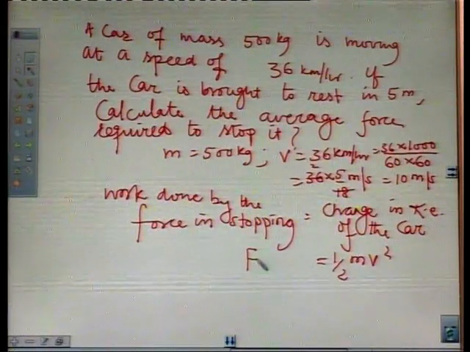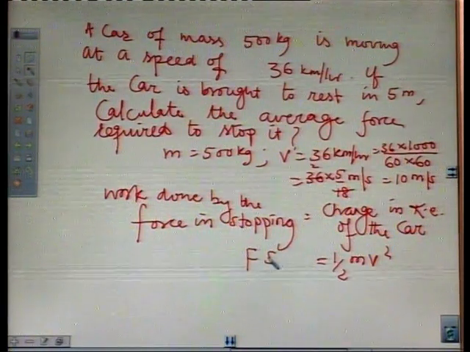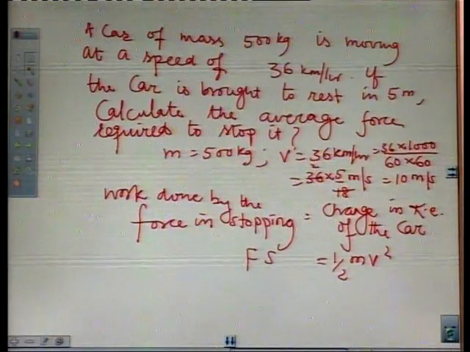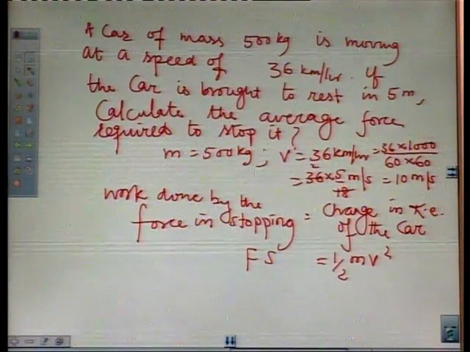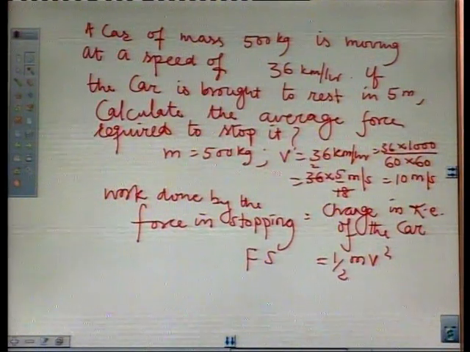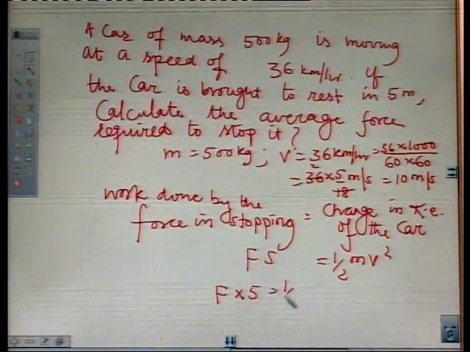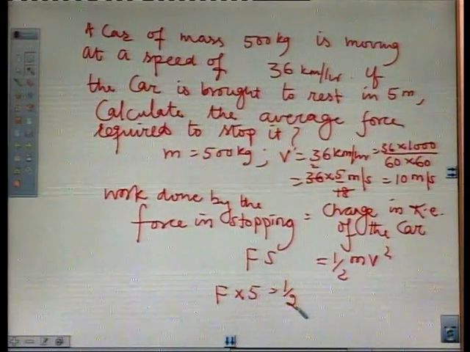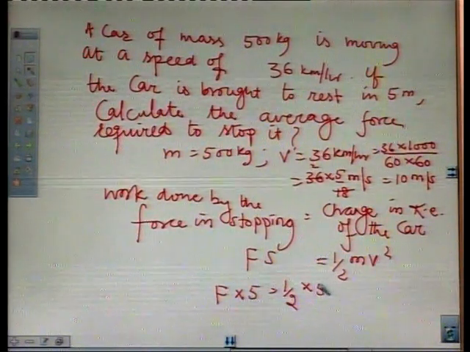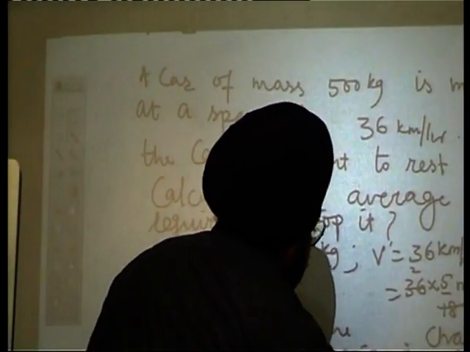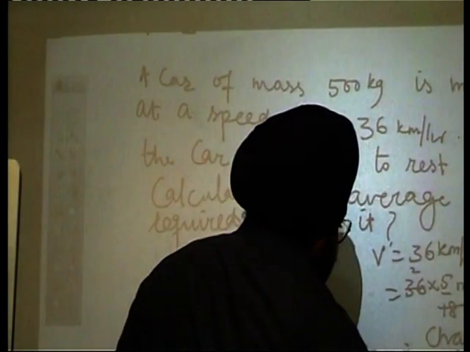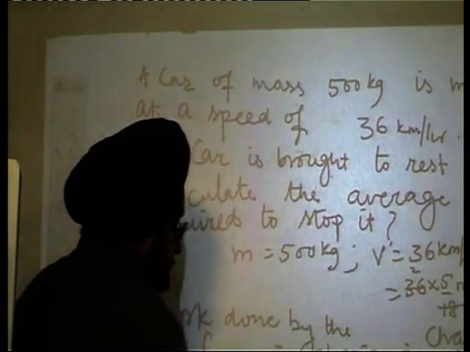Work done is F into S. S is also given to us, how much? 5 meters. So, F into 5 is equal to half into 500 into V square, 10 square.